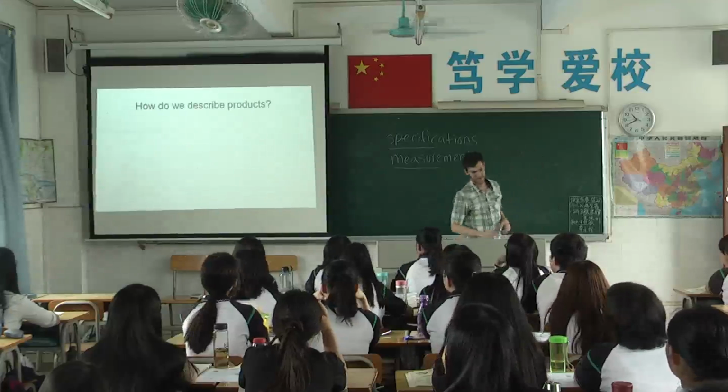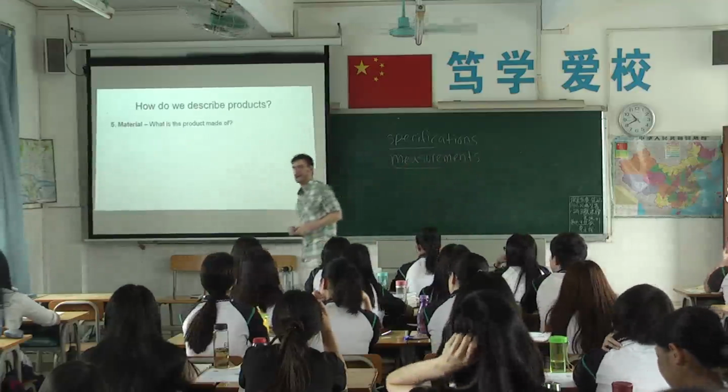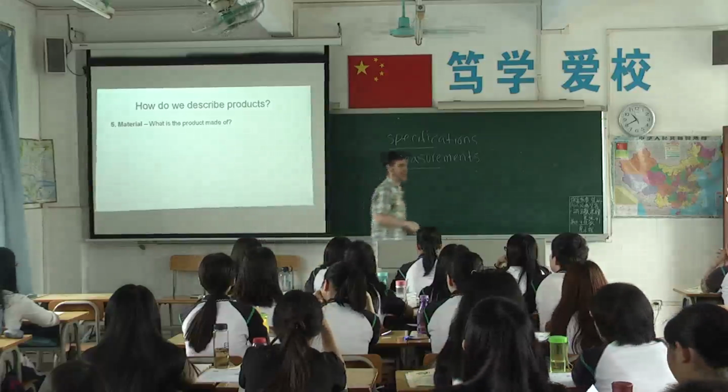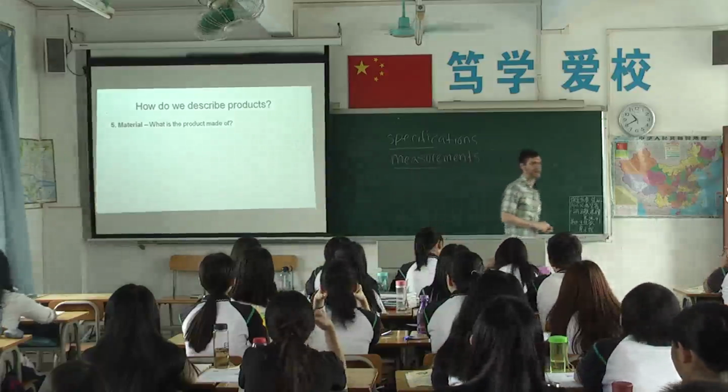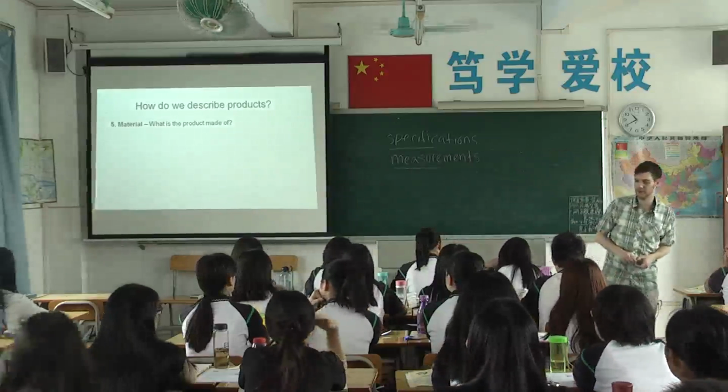Next one, number 5. Materials. What is the product made of? Right? What is the product made of? Or made out of? Right?